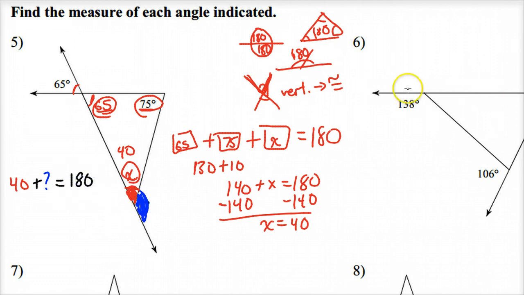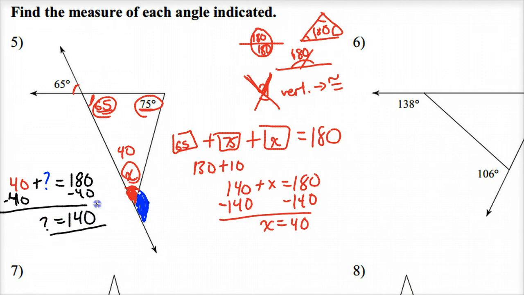All right, so then how do I figure this out? I'm going to subtract that 40, do a little backwards math, and then I wind up getting that the question mark equals 140. And it is not a coincidence that that number was the same as these two. It's not at all. It's supposed to be.